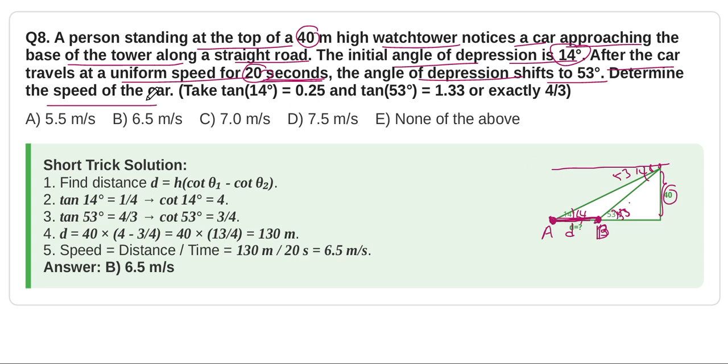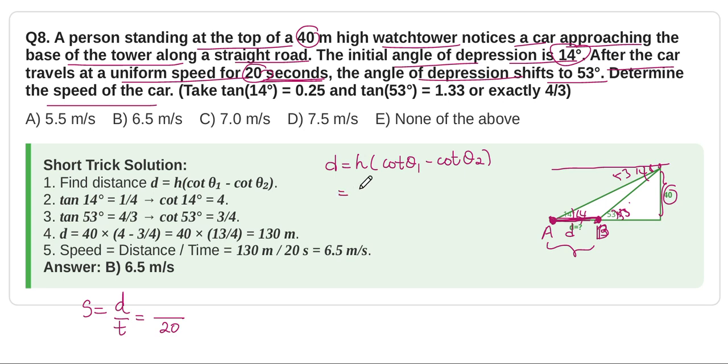To find the speed, we have the formula: speed is equal to distance upon time. The time is given as 20 seconds, but the distance we have to find out, how much distance the car has covered from point A to B. To find this distance, we have the short formula: D is equal to H times the bracket cot theta 1 minus cot theta 2.